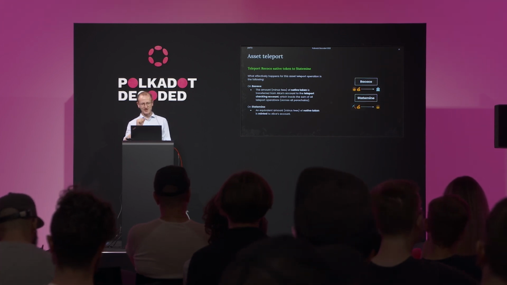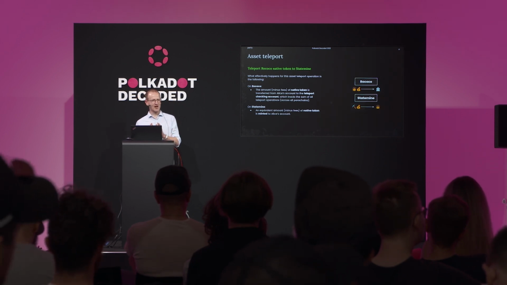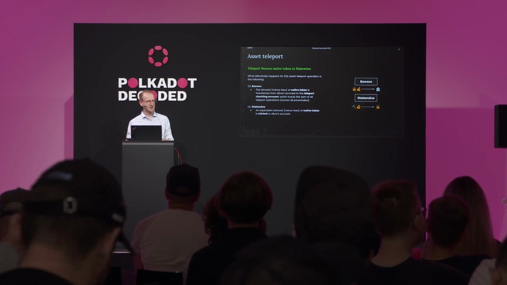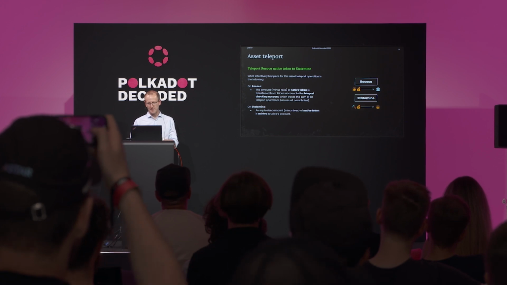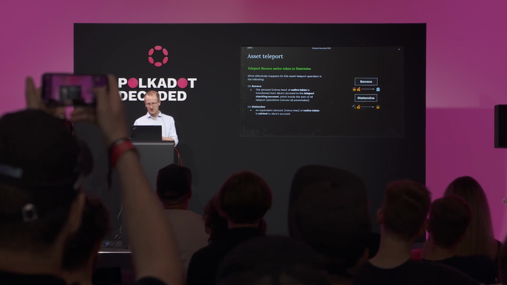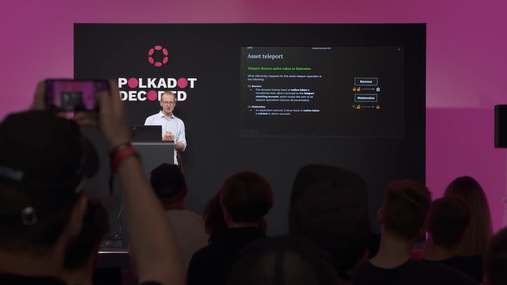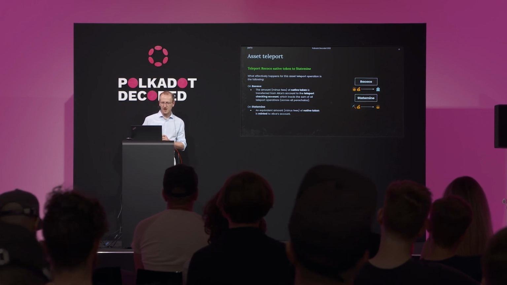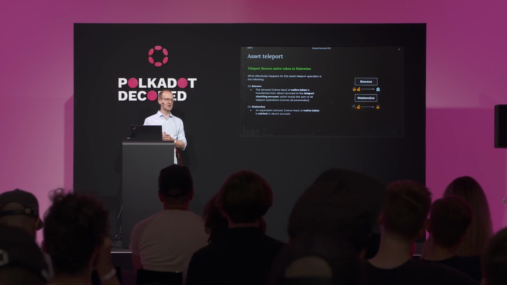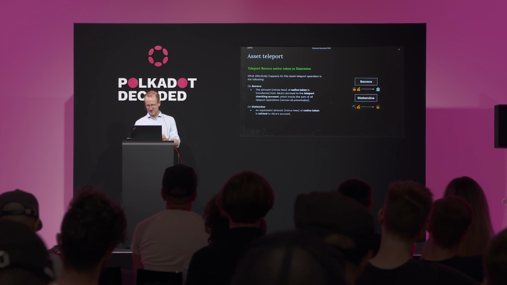It's not a sovereign account, sorry, it's the teleport checking account. That account is a bit special. It will track all the teleport operations that are done across all parachains, and it will just rely on the fact that the parachains that support teleport operations are doing proper accounting. On StateMine, then, the other part of the operation, we will actually have the tokens minted into the beneficiary account. All right, that's a little bit abstract.